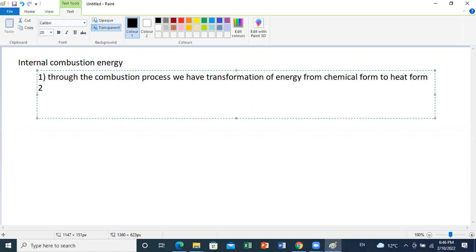Okay, so two, the heat energy is transformed into mechanical energy. And in a first step, in the conventional internal combustion engine, the piston will move, you know how, in which form?